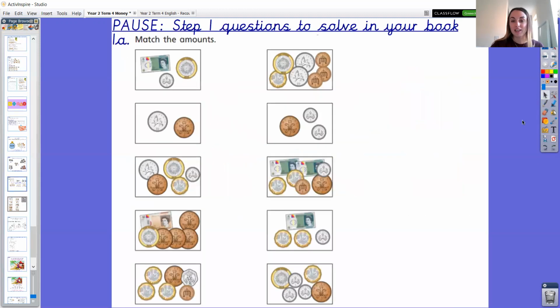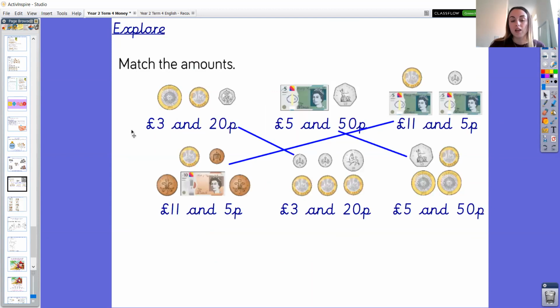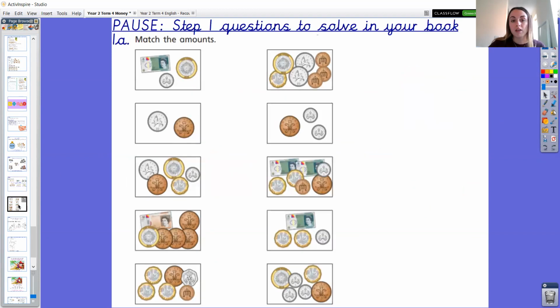Okay, so let's have a look at step 1 questions. The first question and the only question on step 1 says match the amounts. So very similar to the question we have just explored together. So as you can see, the first thing we did was find the total amount of the money. So it's really important that first of all, you work out how much money is in each box, okay?